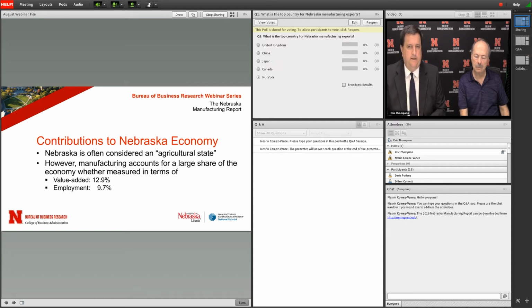We measured that in 2 key ways: value added and employment. So 9.7% of Nebraska wage and salary jobs are in the manufacturing industry. In other words, about 1 in 10 Nebraska workers works in the manufacturing industry. That's a pretty big share of the employment opportunities.